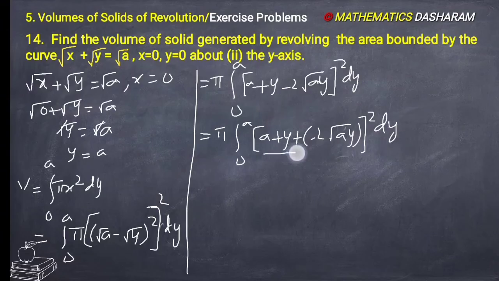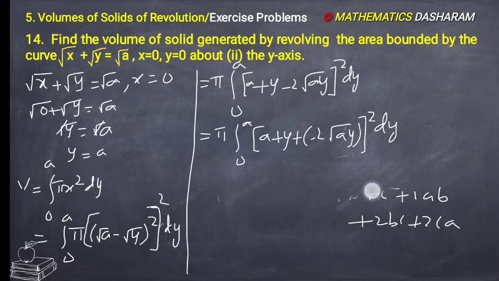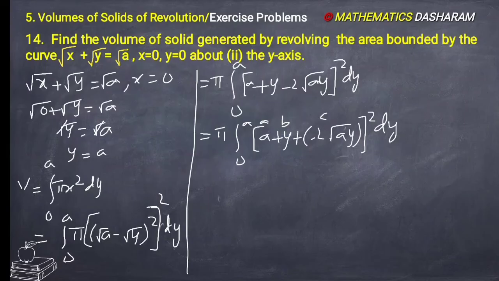So here the (a plus b plus c) whole square formula: (a plus b plus c) whole square equals a square plus b square plus c square plus 2ab plus 2bc plus 2ca. Okay, so let us use this formula. This is a, this is b, this is c.